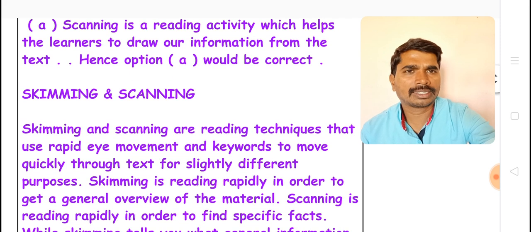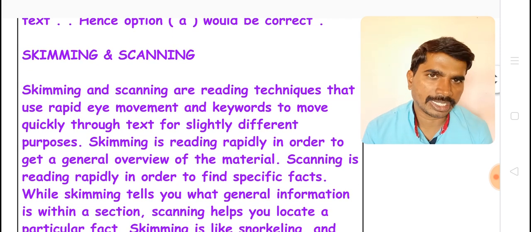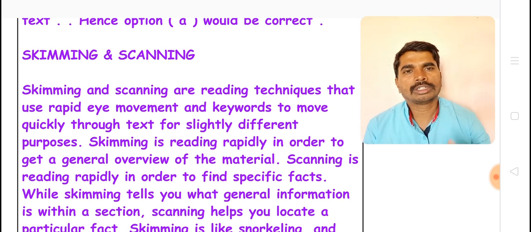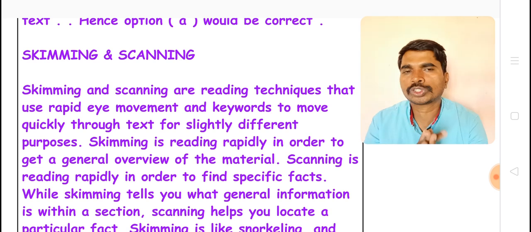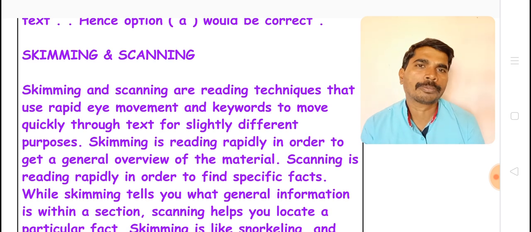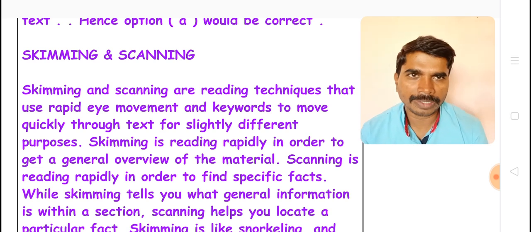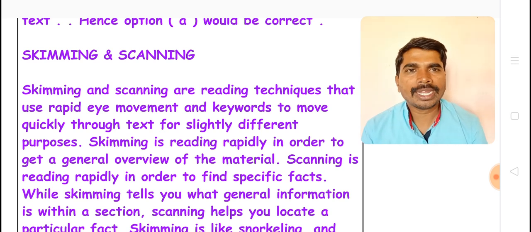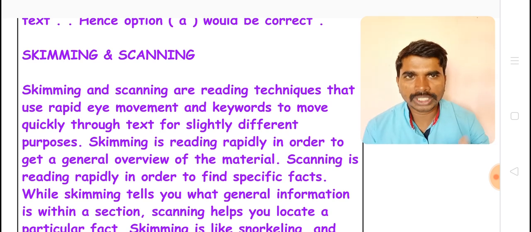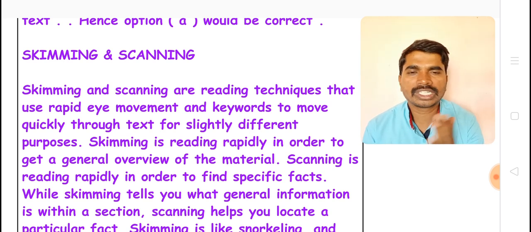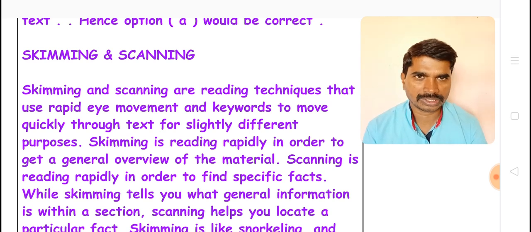Let's learn about skimming and scanning in detail, so that if these kind of questions appear, you should be able to answer them correctly. Skimming and scanning are reading techniques. As you know, we use rapid eye movement and we look at the keywords through the text for slightly different purposes.